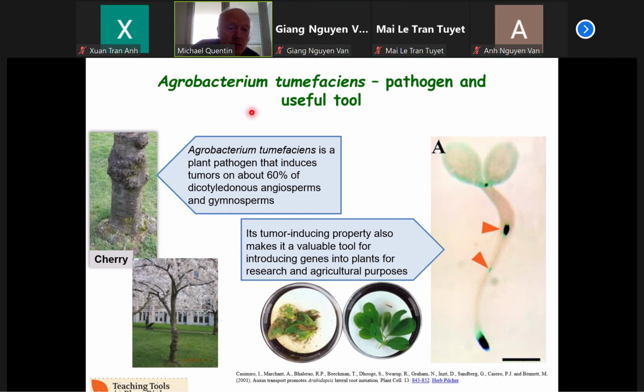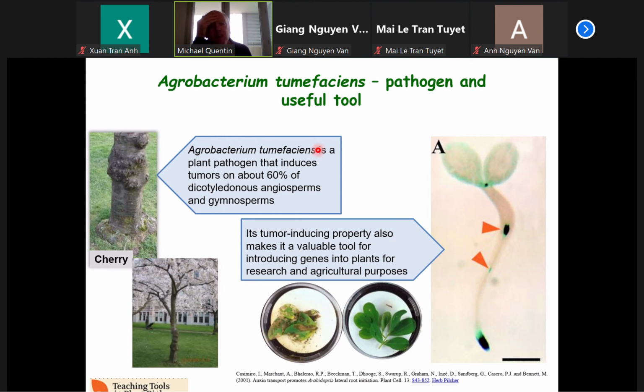And you can see those galls here on a cherry tree. It's making those typical tumors at the surface of the stem of a cherry tree. And it's the bacteria, Agrobacterium tumefaciens, which is directly responsible for those symptoms on the tree you see here.